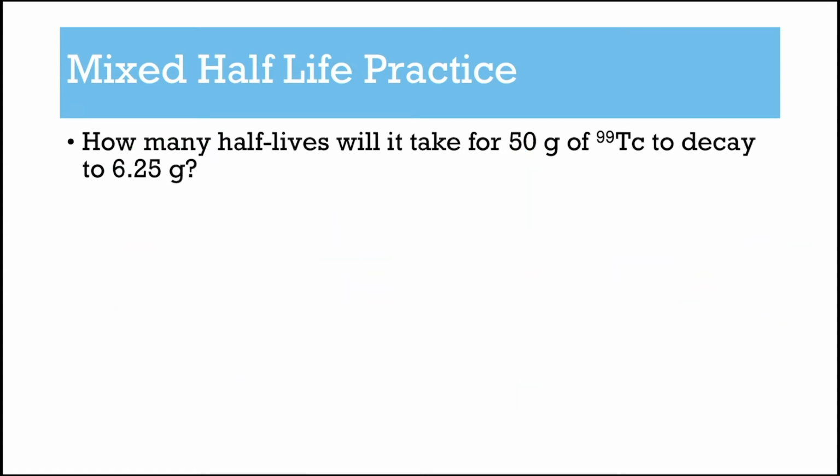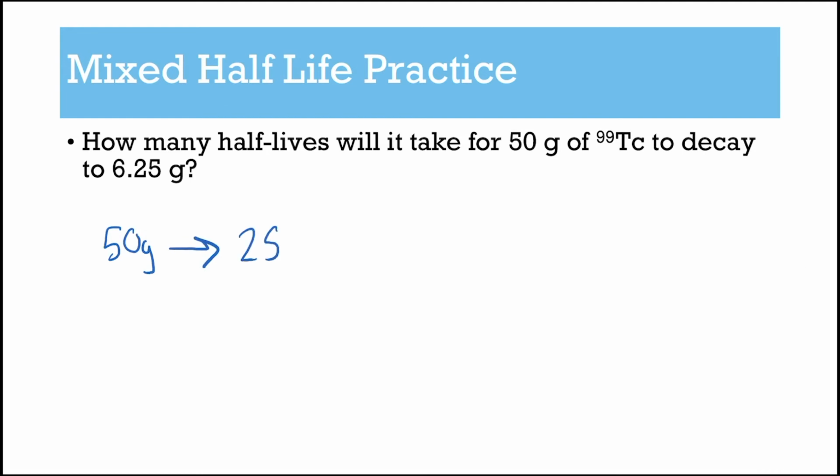Next says how many half-lives will it take for 50 grams of Tc-99 to decay into 6.25 grams. So this asks for the number of half-lives. So it gives us our starting material and wants to know how many half-lives it will take to get to 6.25. So half of 50 is 25.